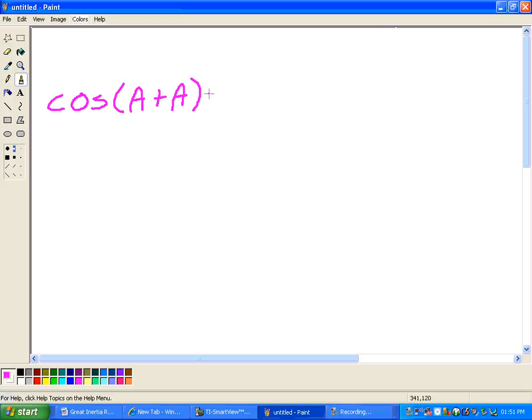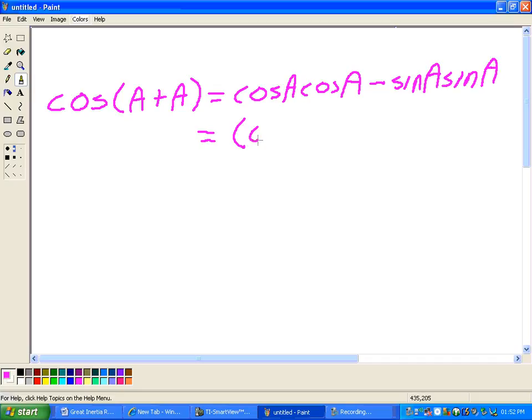So, cosine A multiplied by cosine A, take away sine A times sine A. And the way that we write things that are squared in sines and cosines, I suppose we could go parenthesis cosine squared, subtract sine.